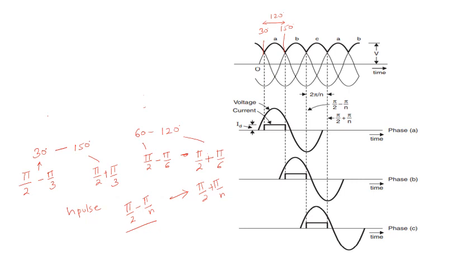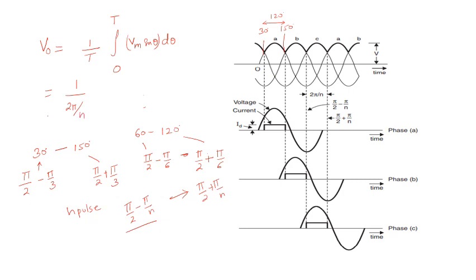So if I want to have the average value, that is your V naught. V naught can be said as 1 upon time period, integration 0 to time period, of whatever waveform you are getting; the waveform is sine omega t. So I am putting sine theta and d theta. I am not putting omega t, it will be complex for you, so I am putting it in an easy way. The time period is 2 pi, but the number of pulses will be n.